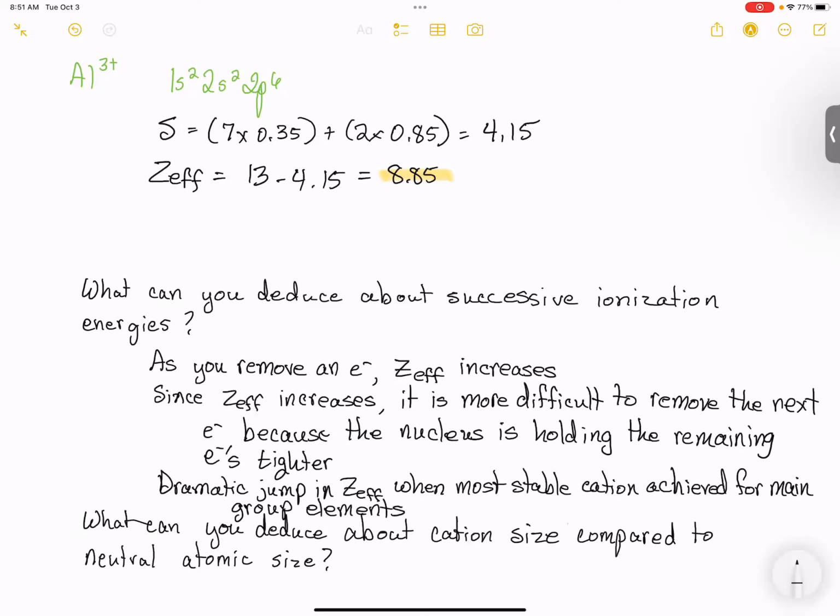You're going to see a huge jump in Z effective when you get to the most stable cation for the main group elements. Once you get to transition metals, the reason they can have so many different charges is because the Z effective is not quite the same.